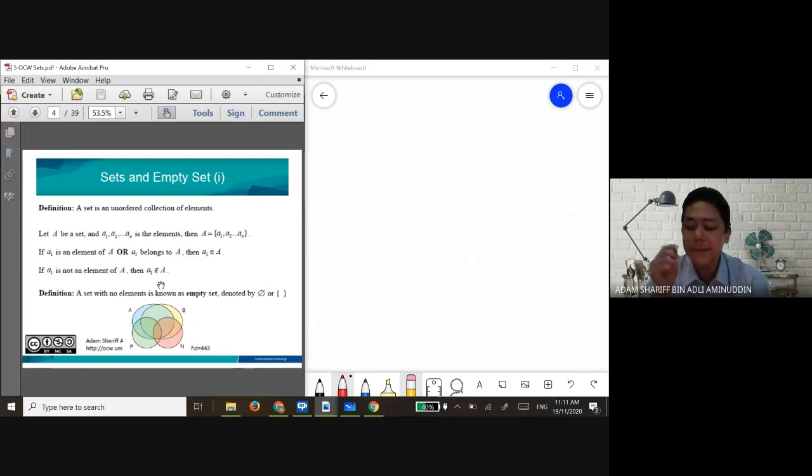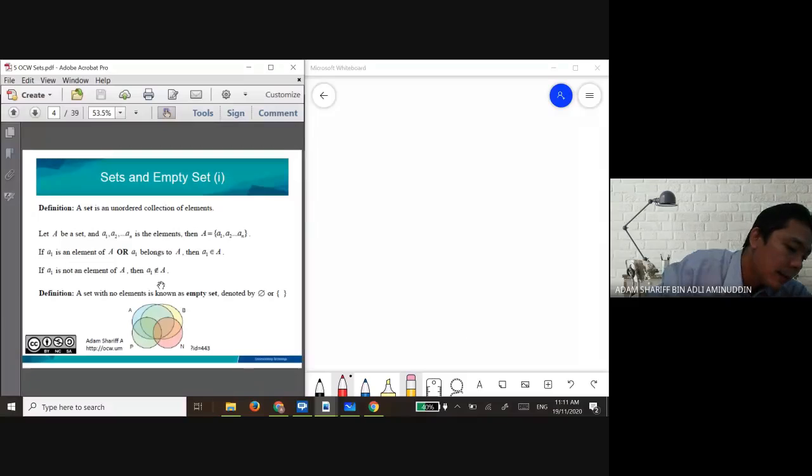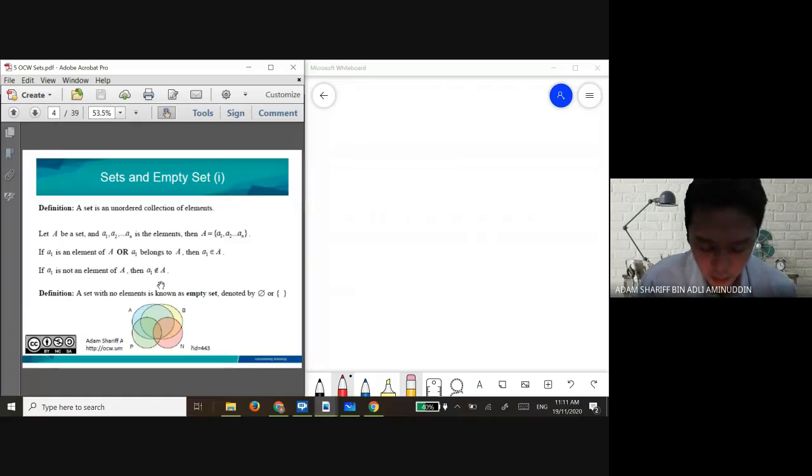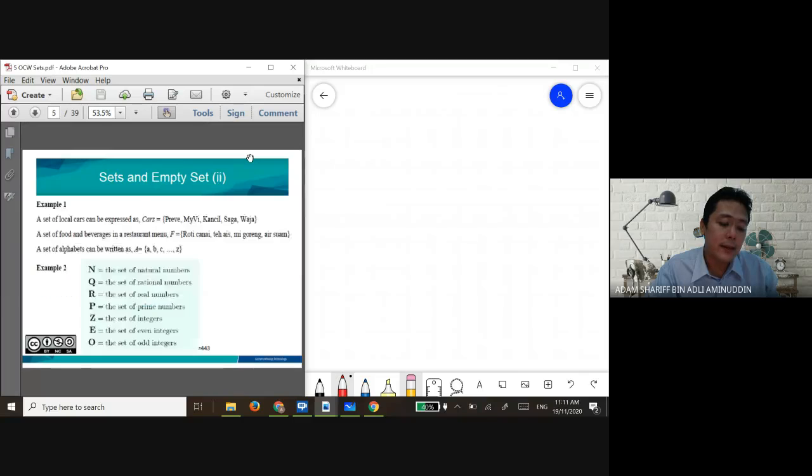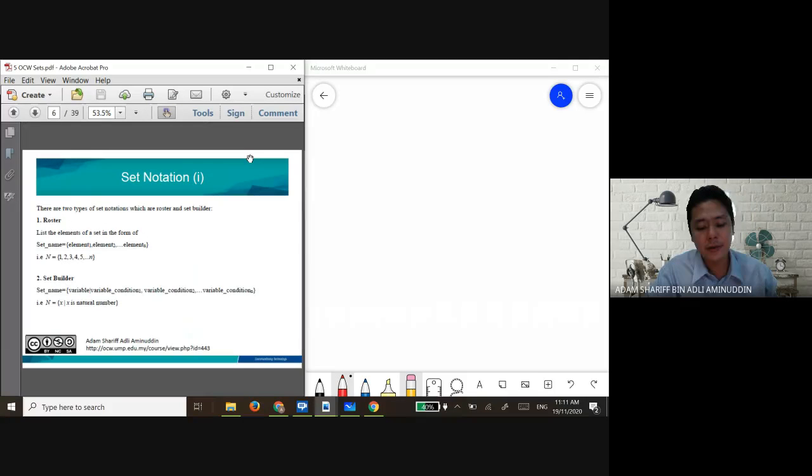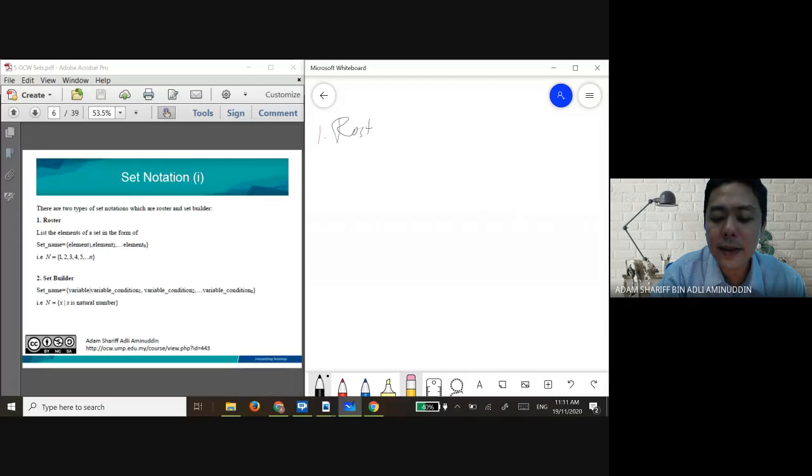Okay, set is simply just a collection of elements. Is how we represent the elements. And the elements can be in two forms. Dia set builder ada dengan roster. So contoh kalau roster notation, roster ni boleh kita sinonimkan dengan list, list number.